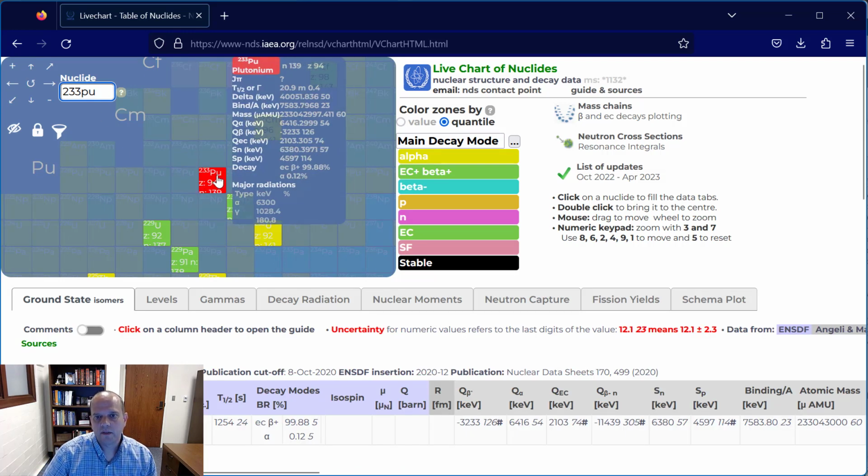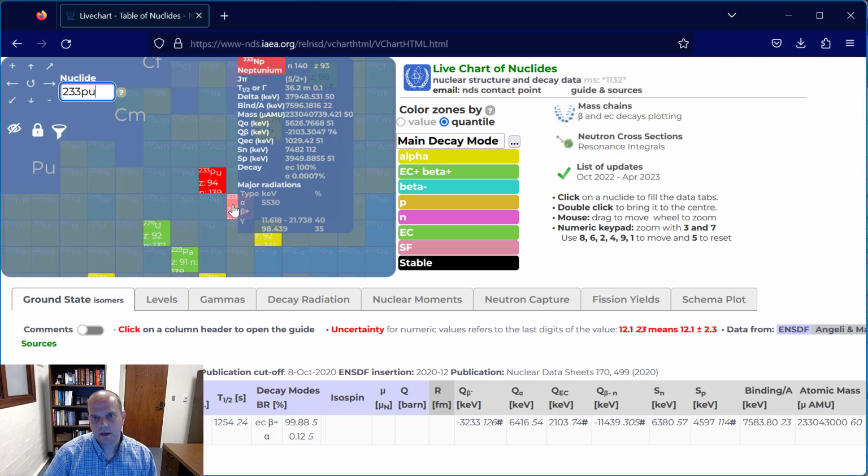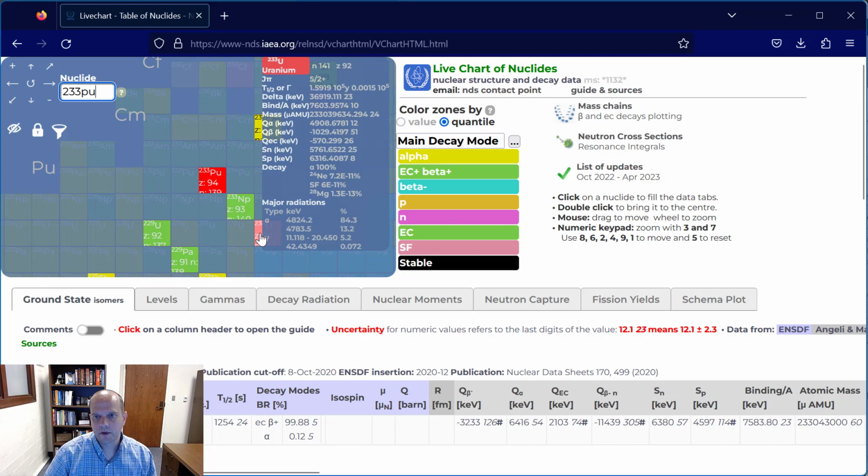I've got my half-life here of 20.9 minutes, and that's going to be a beta decay to neptunium-233, which has a half-life of 36.2 minutes, and that's going to be another beta decay or electron capture down to uranium-233.